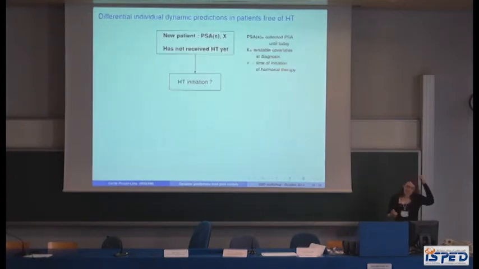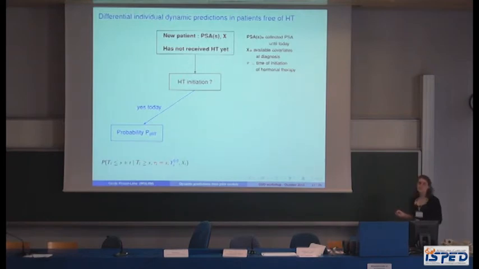So let's see what it is in practice. We have a subject with these repeated measures until today. He is post-diagnosis, and we know that he has not initiated any second treatment yet. The question is, should we initiate any treatment today? Well, to answer that, we can just assume that he would initiate a treatment today and evaluate his probability of having a recurrence in that context.